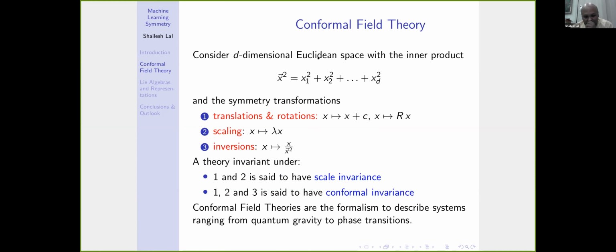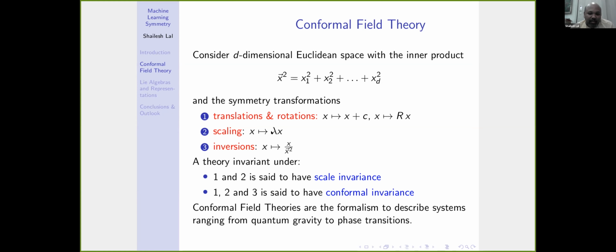So what is a conformal field theory? Think of d-dimensional Euclidean space with the standard inner product, and the symmetry transformations of translation and rotation, along with scaling and inversions. These are the three essential symmetries that we're looking at.